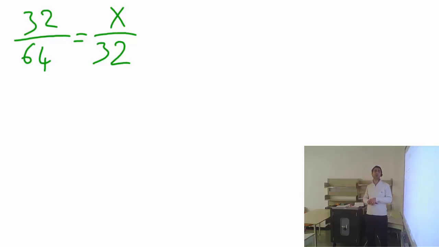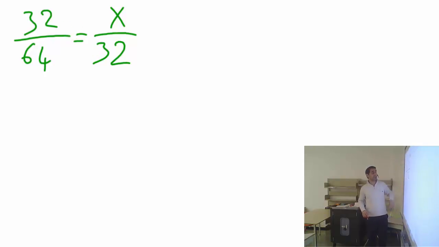All I want to do is find out what the x is. I want to leave x alone. How do I leave x alone? I look at x and it's supposed to be divided by 32. So I'm going to send the division 32 to the other side. So x will be alone in this case.